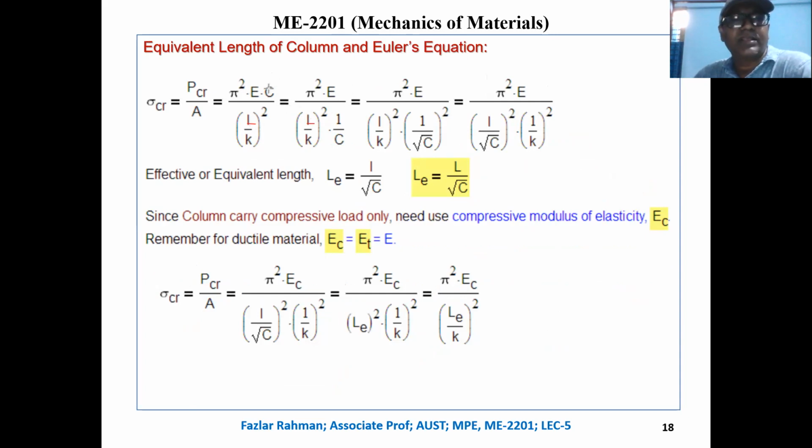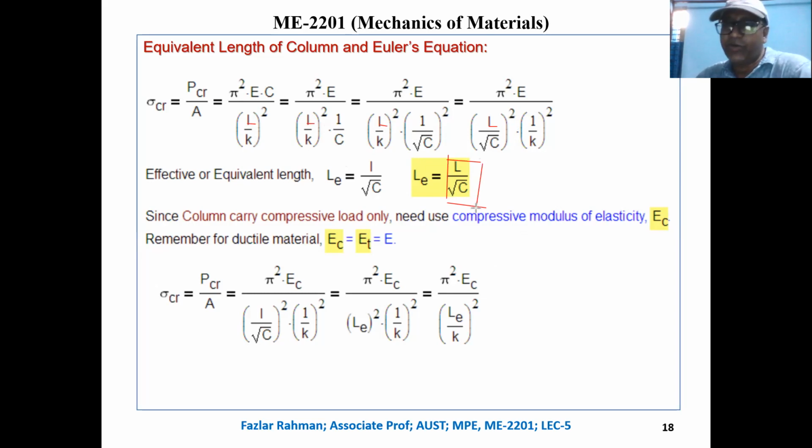Now this C, we put at the bottom, like 1 by C. Then I take out 1 by K whole square, and this is not 1 by K, this is L by K whole square. And this C, I write down 1 by root over C whole square. Then I rearrange like that: L by root over C whole square, this is K square. Now, L by root over C, this term, I can say this is the effective length of column.